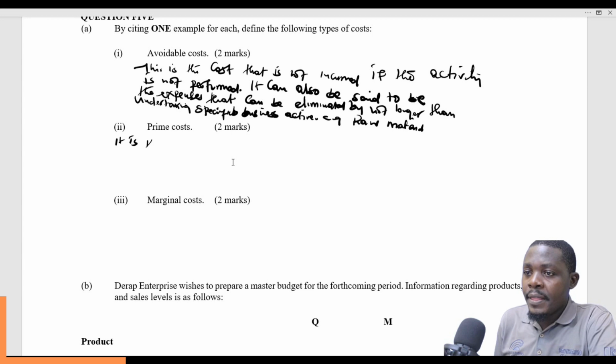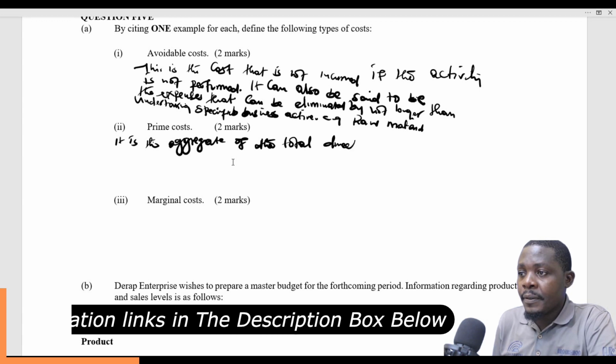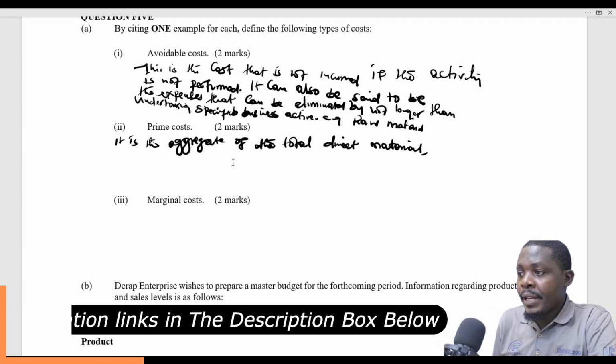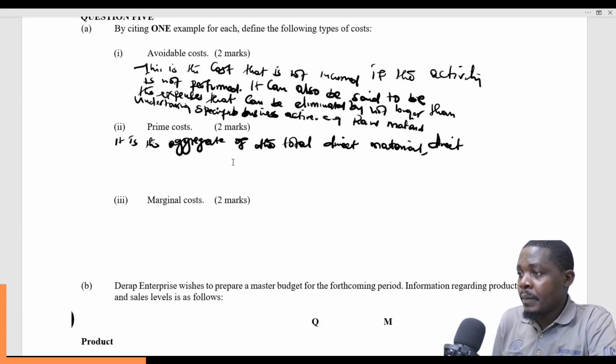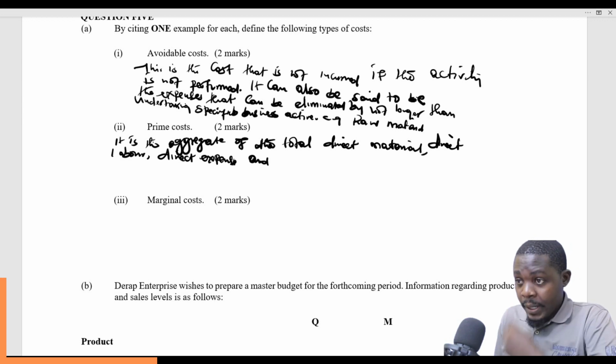It is the sum of the total direct material, direct labor, direct expenses, and we have variable overheads.